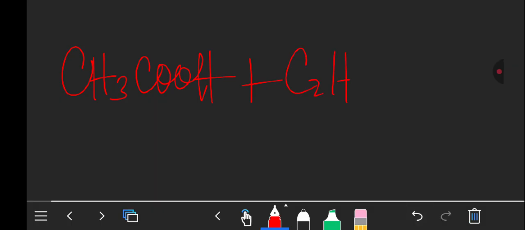Now let's see the reaction. For example, when you have this acid, this acid is called ethanoic acid. When ethanoic acid reacts with, let's say, C2H5OH, which is ethanol, this will form an ester.